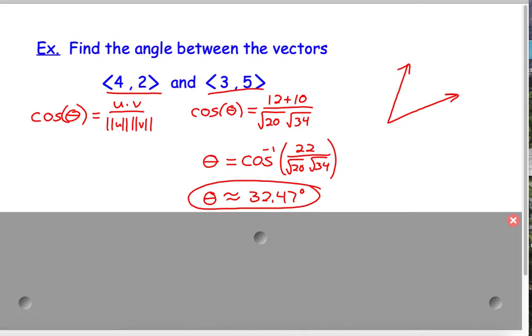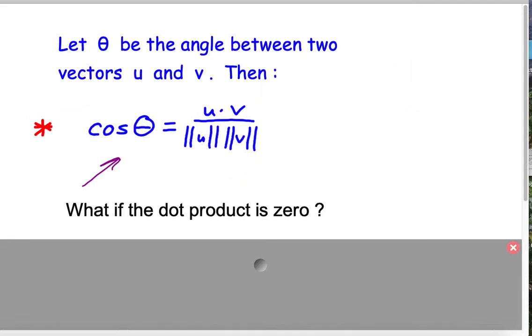All right. Let's go back to the other question I had. Now what if the dot product winds up being 0? Well, what's going to happen in these calculations? We're going to get 0 over whatever their magnitudes are, which means this whole fraction will equal 0. When does a cosine equal 0? Oh, that's at pi over 2, 90 degrees. Which means what? Your two vectors are going to be perpendicular.